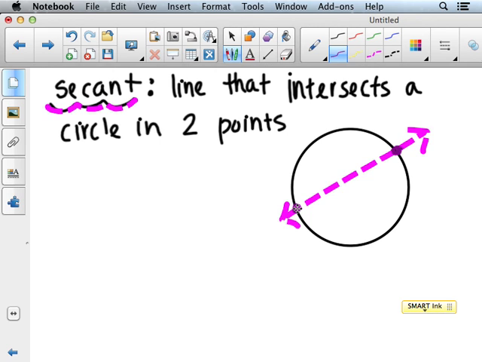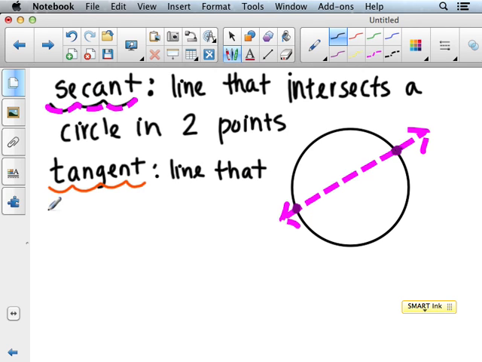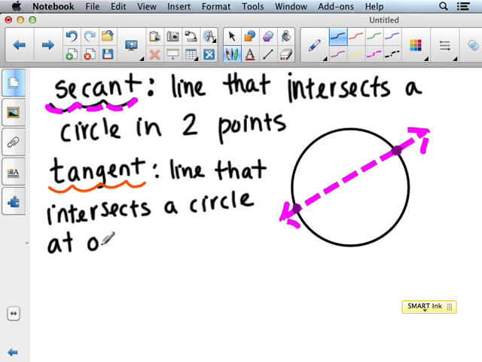A tangent. A tangent is, we'll do this in orange. A tangent is a line that intersects a circle at 1 point. So this is an example of a tangent line.